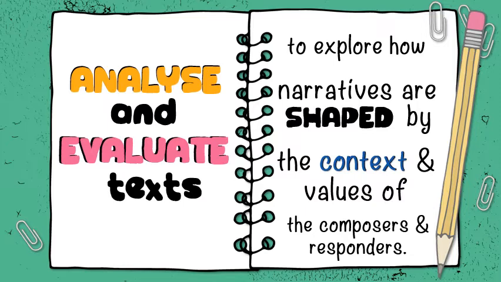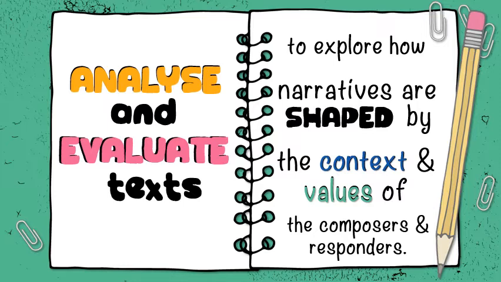Context is a really key player in the way that it influences the way that a narrative is told, and also the values of the person who's telling that narrative. They will shape that narrative in a particular way because of the things that they value.